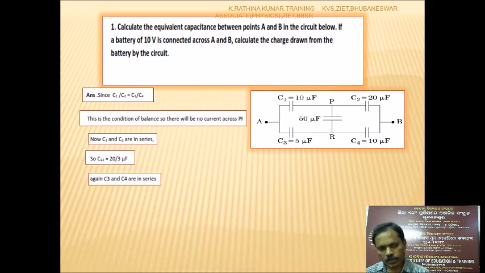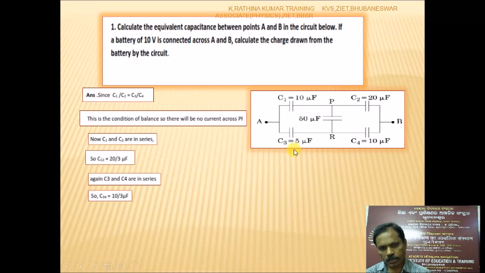Then C3 and C4 are in series, so 1 by C3 plus 1 by C4 will give 10 by 3 microfarad.